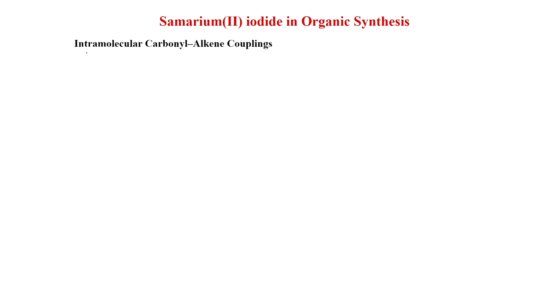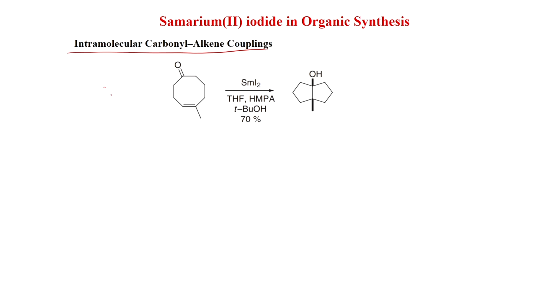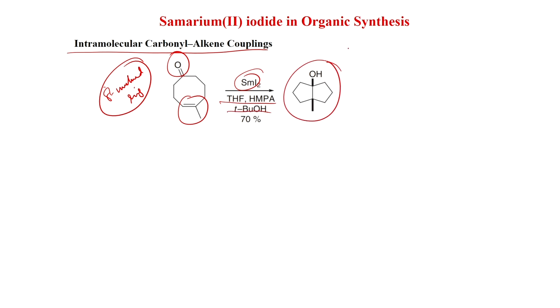Some more examples of intramolecular carbonyl alkene coupling. We have already said that in these intramolecular carbonyl alkene coupling cases, you do not need the activated olefin. That is why the scope can be broad, and you can see here this is an 8-membered ring, and carbonyl is there, the olefin is there, with samarium iodide, THF, HMPA, tert-butanol, you get this bicyclic compound in 70% yield.